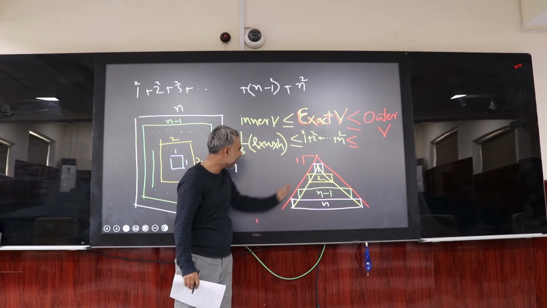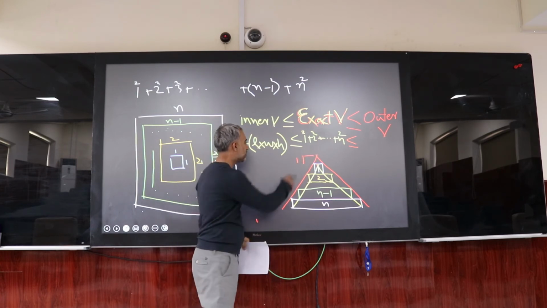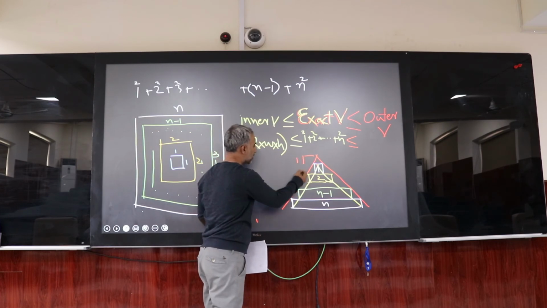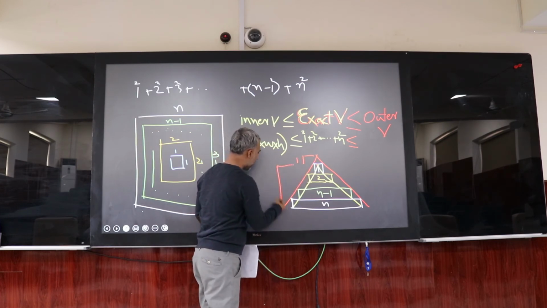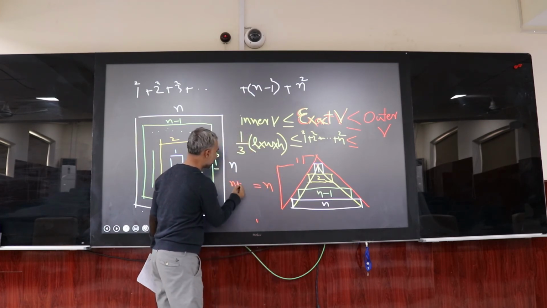But by considering the outer frame, we consider this 1 unit increased, until here it's n, but now it will become n plus 1.